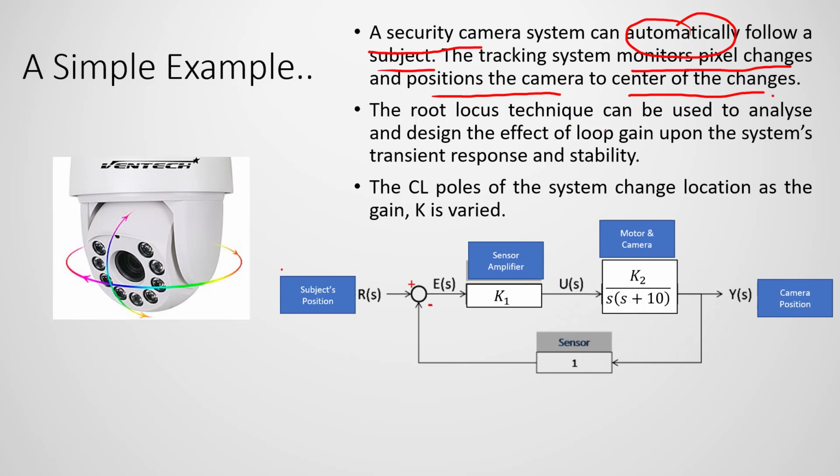The root locus technique can be used to analyze and design the effect of loop gain upon the system transient response and stability. The closed loop poles of the system change location as the gain K is varied. In this case, the gain is K1 and K2. Once this gain varies with the subject's movement, it results in a varied camera position as well.